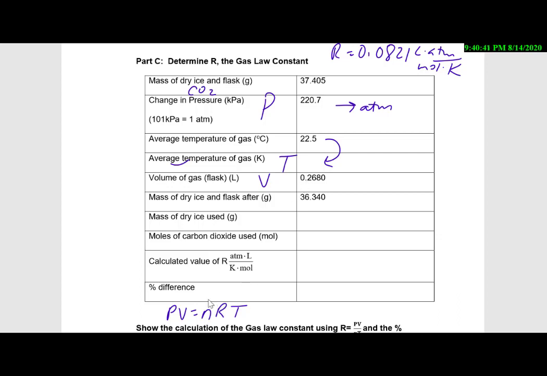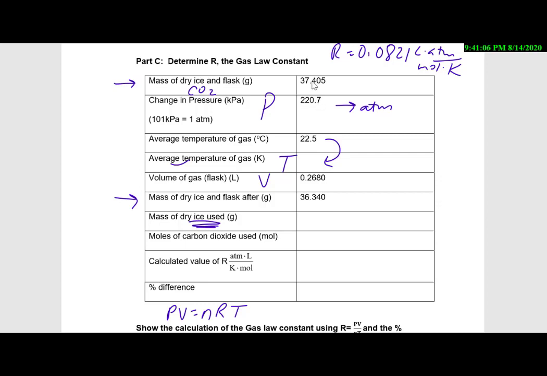And then for the n value for moles, what you'll need to do is look at these two masses here. Here's the dry ice that was in the flask to begin with, some of which sublimed, and the dry ice that remained is down here. So what you'll have to do is subtract these two values to figure out how much dry ice actually sublimed and created any pressure.